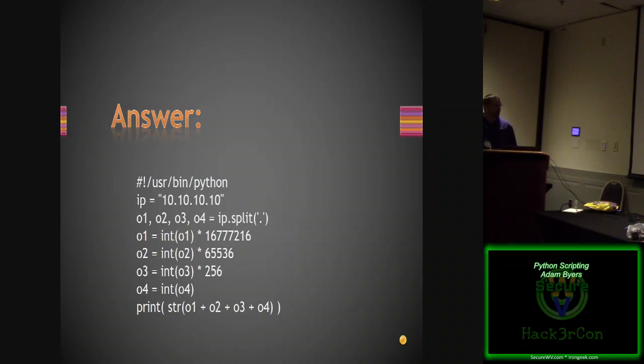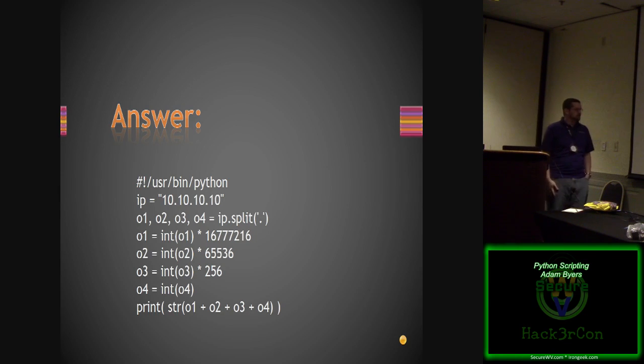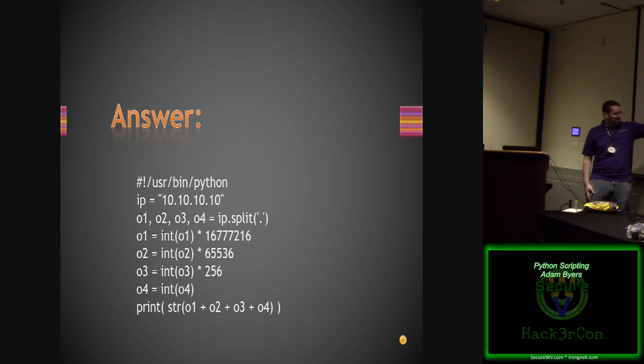So this is what I came up with. It's a little lengthy, but you could definitely shorten it. I started out by saying this is my variable, the IP, and then I used multiple assignment, because the result of IP.split is going to be a list with all 4 of these as strings. So octet 1, 2, 3, 4.